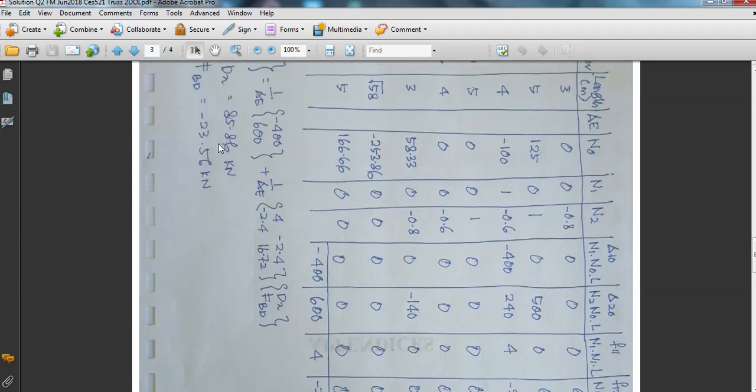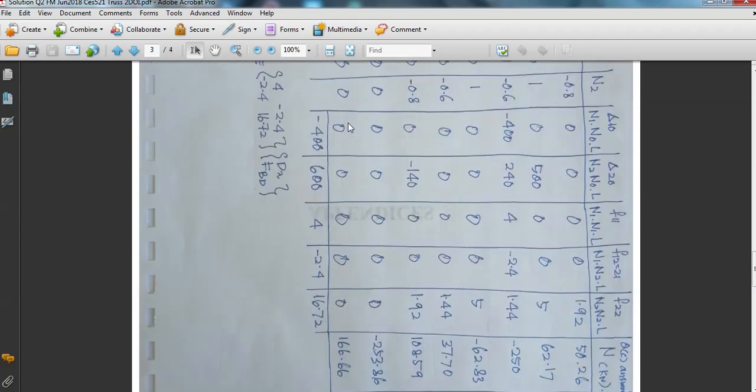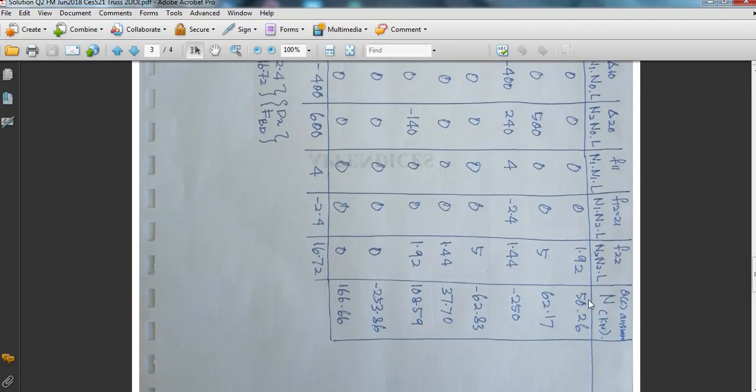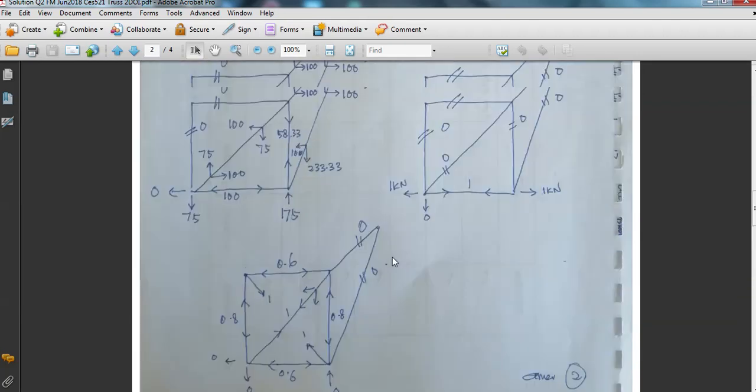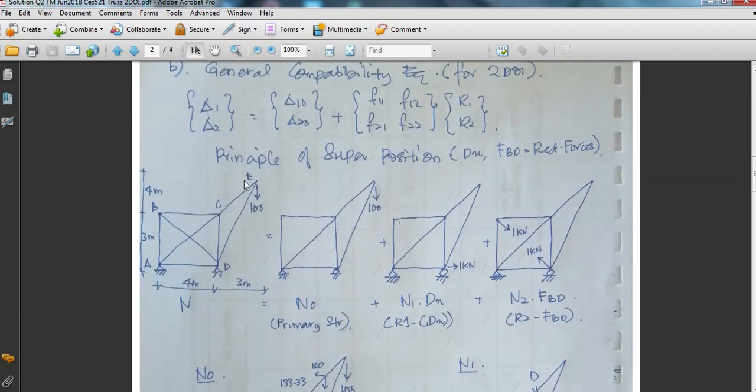Then after you have determined your redundant force, because now your objective is to determine your N axial force for actual structure. If you refer to principle of superposition here, just now you have calculated N0. It means axial force for primary, axial force for redundant number 1, axial force for redundant number 2.